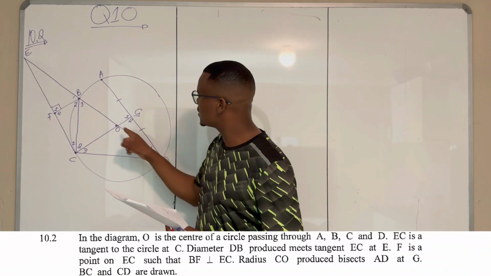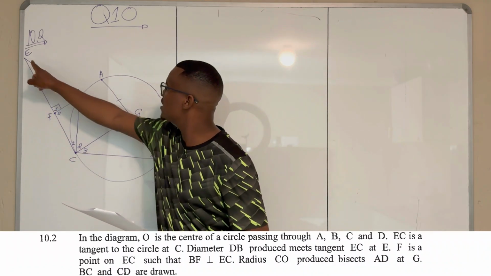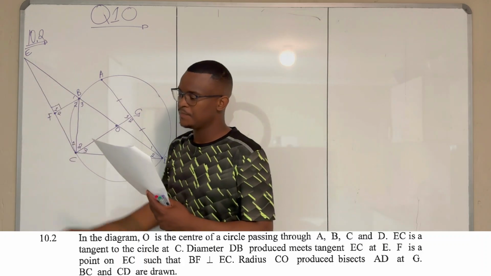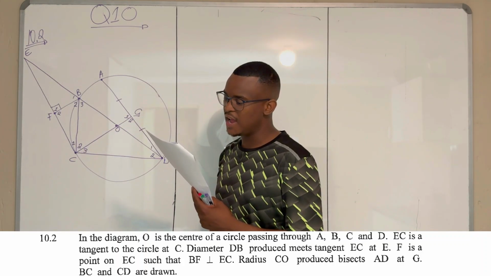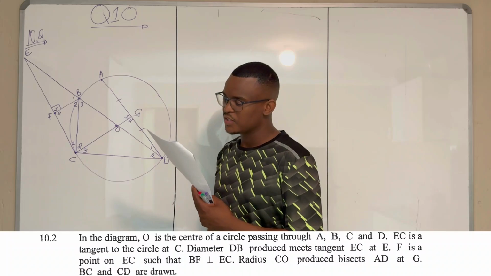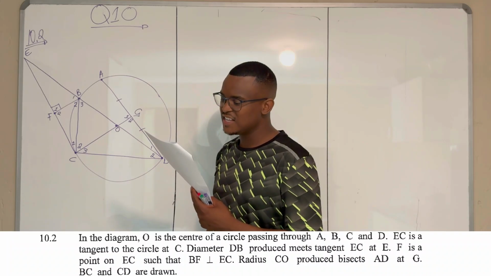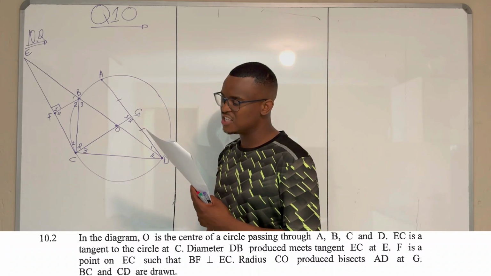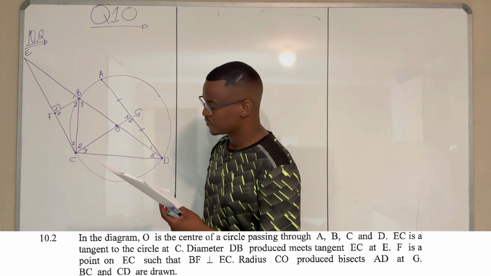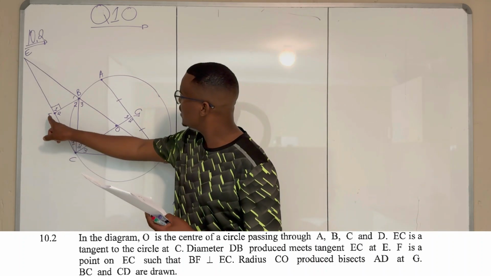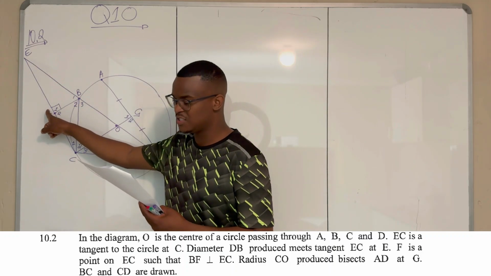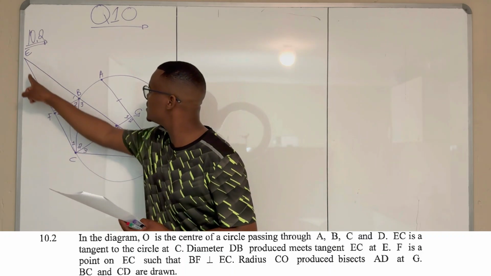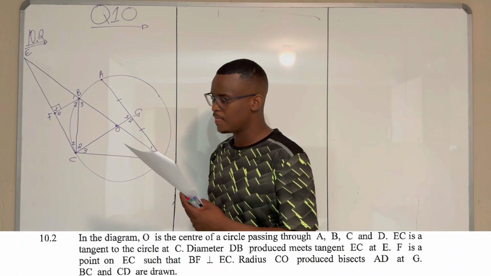And this diameter of yours intersects this tangent at point E, right? They went on to say that F is a point on EC such that BF is perpendicular to EC.